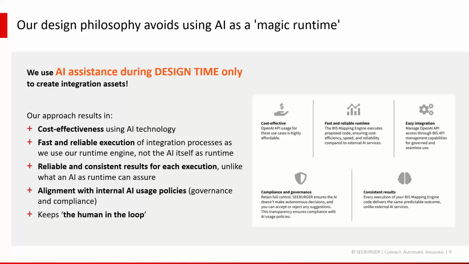If it is not providing good results, results that our BIS platform could execute ongoing in a fast and reliable way, not good. For example, if the code generated by AI that we use in the Mapping Designer is not good, it would be a disadvantage because the runtime goes down, the performance goes down. We will not accept it.